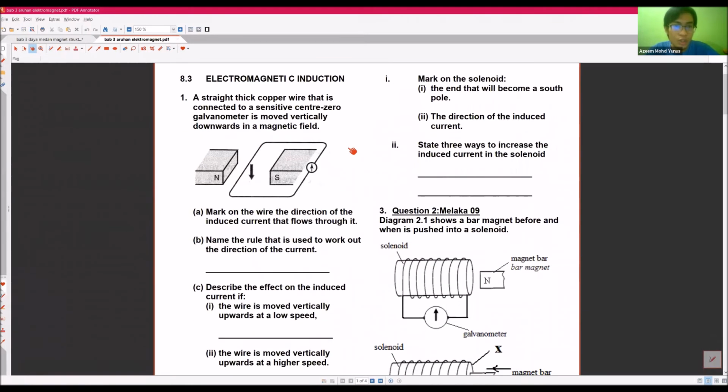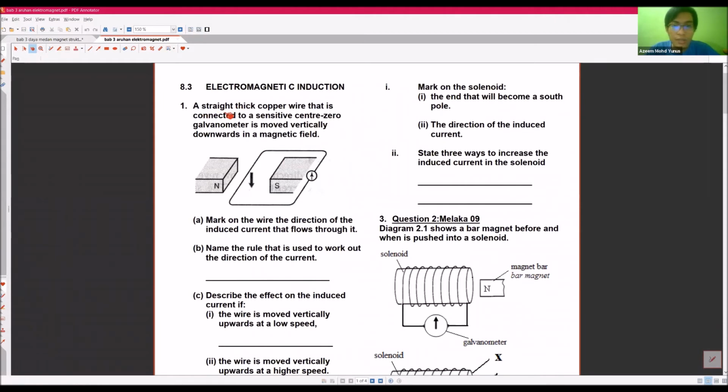Electromagnetic induction. A straight thick copper wire that is connected to a sensitive center-zero galvanometer is moved vertically downwards in a magnetic field. So when we examine the diagram, we have a galvanometer here. So this is not the motor effect, this is electromagnetic induction, dynamo. So we have to use the Fleming right hand rule.